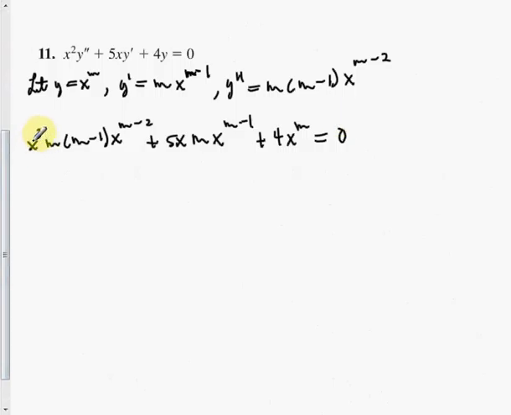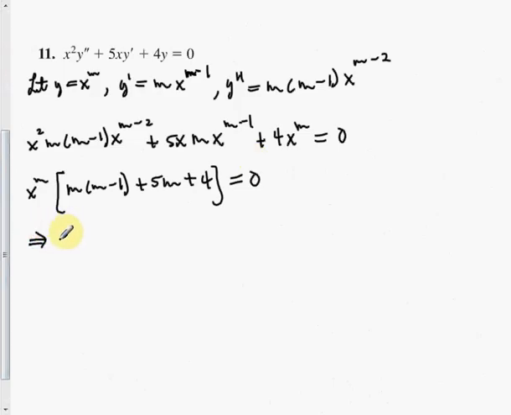The x squared will cancel out with x to the negative 2. X to the first cancels out with x to the negative 1. So we have here, and I want to just go ahead and factor out the x to the m at the same time too. So this is x to the m taken out. So I have m times m minus 1 plus 5m plus 4 is equal to 0.